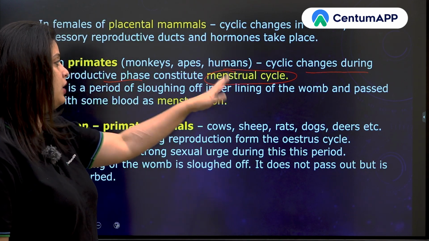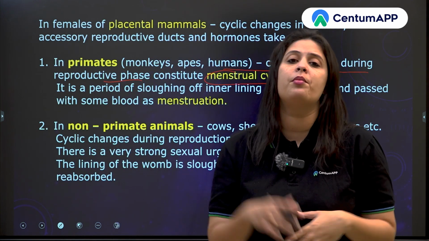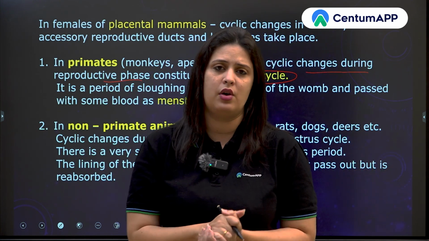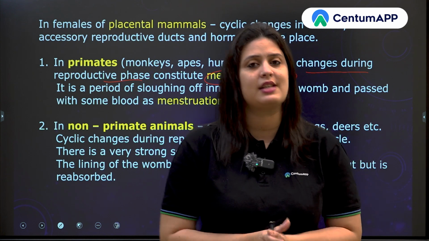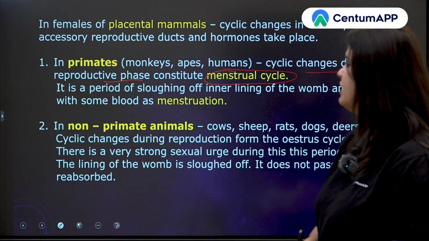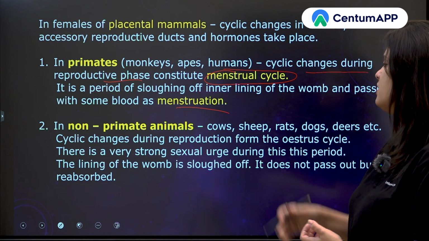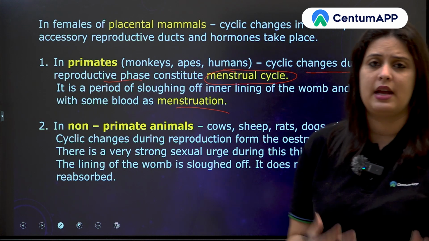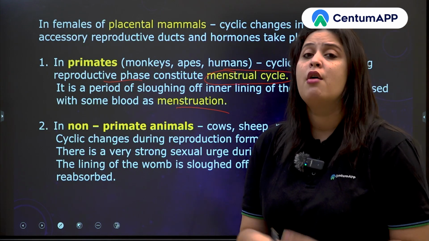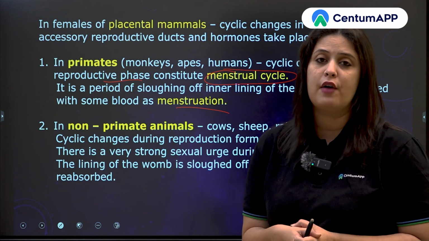Just to give a gist of what the menstrual cycle is, the inner lining of the womb is completely torn down and removed out of the body, which comes out as menses, or menstruation. And in non-primate animals such as cows, sheep, rats, dogs, etc., they also have cyclic changes of reproduction for fertilization to take place, leading to the formation of an offspring.